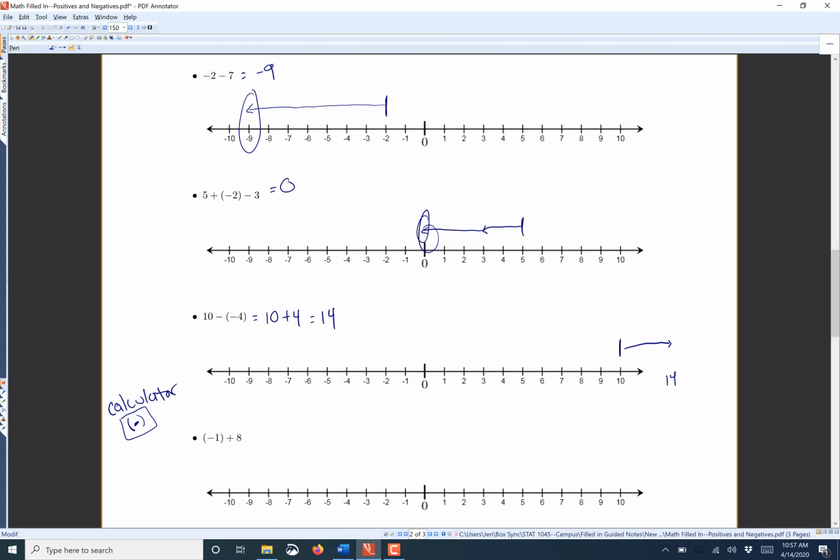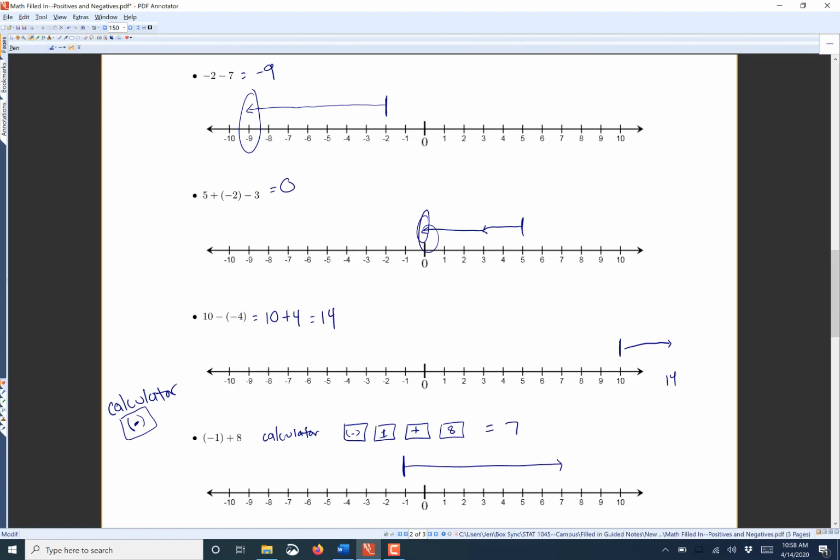For this next problem, if I was going to put it into my calculator, I would push the button with the negative, so negative 1 plus 8. That's what I would put into my calculator. I'd start at -1 and add 8, so that would put me up to 7.